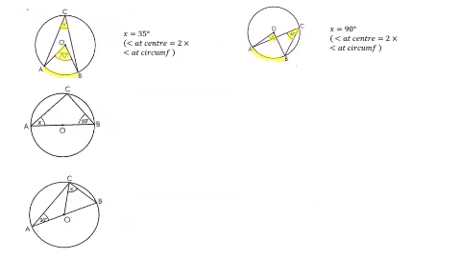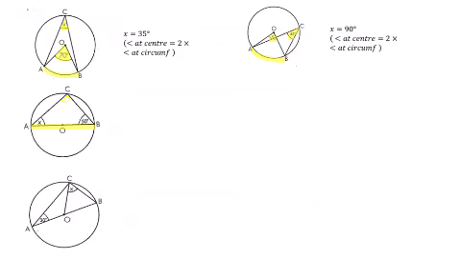Then this one, you will see that O is the center because of this dot here. This is representing that O is the center, and AOB is the diameter. Any angle that is subtended by the diameter on the circumference is equal to 90 degrees. So this angle here is equal to 90 degrees.